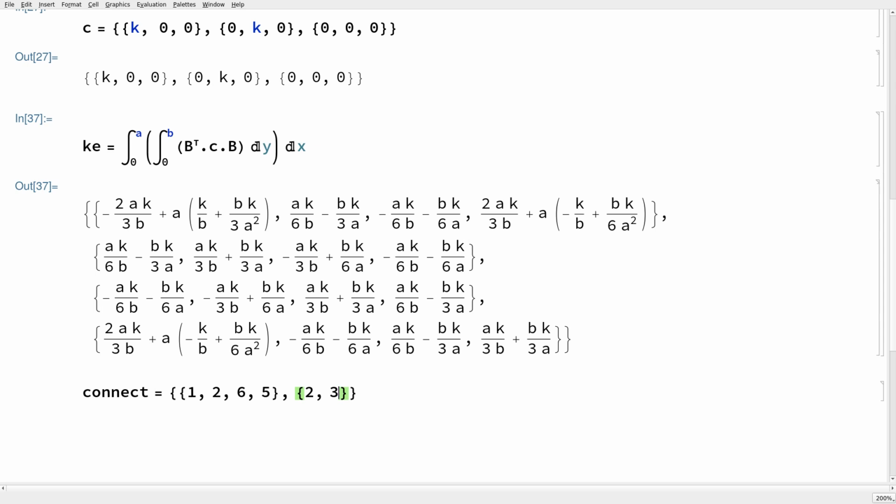2, 3, 7, 8 for element 2, 3, 4, 8, 9 for element 3, element 4 will be 5, 6, 10, 9, 6, 7, 11, 10.